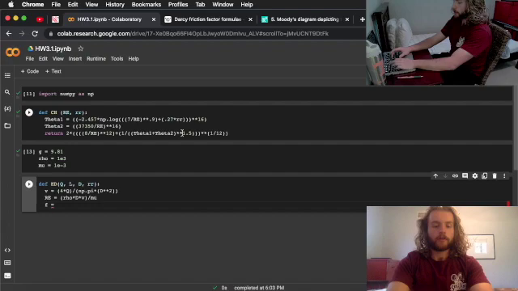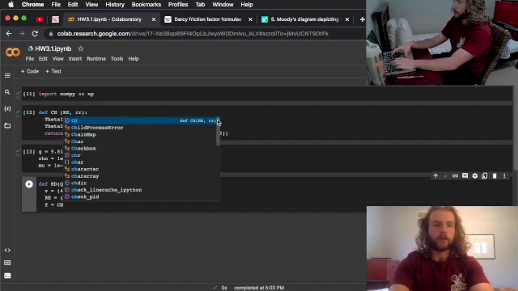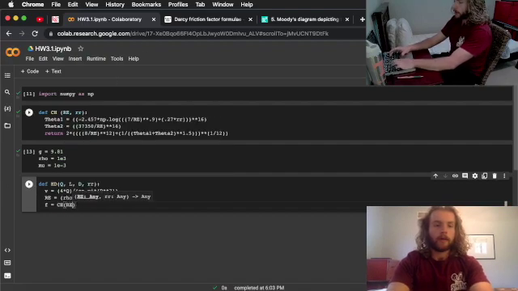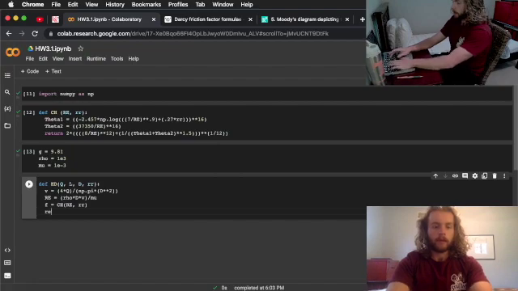So F is going to be equal to our function that we created earlier, and that is going to be inputted with the Reynolds number that we're solving with this equation, and also our surface roughness that we are inputting into our equation. And then we're simply going to need to return this.